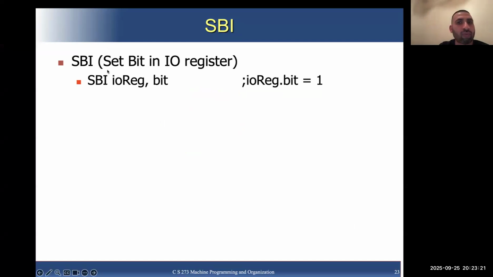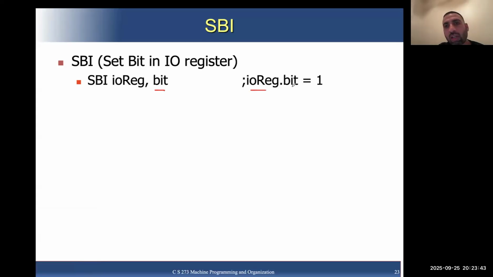So the first instruction which does bit manipulation is set bit in IO register. The syntax is that you provide the name of the instruction, then the name of the IO register, and the bit within the IO register which you want to set.